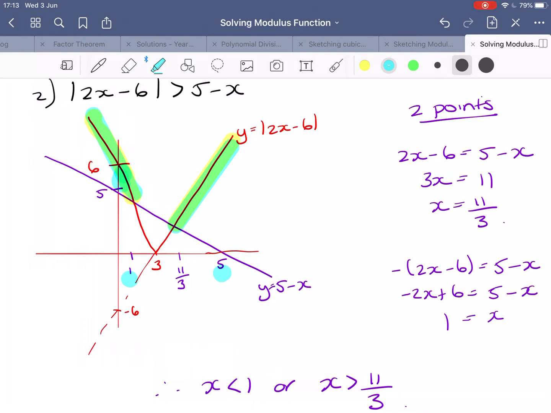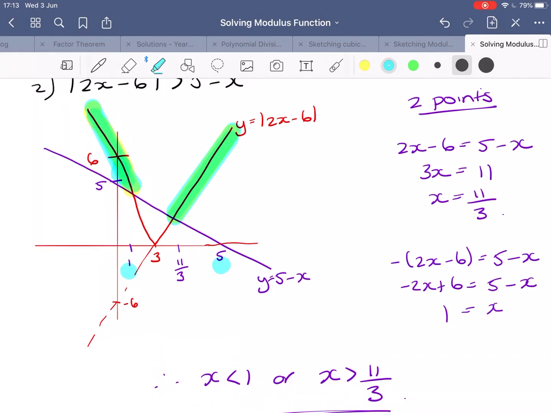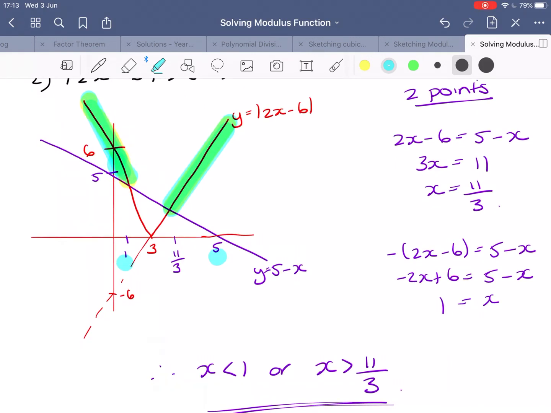And this time we want the modulus graph to be bigger than the line. So we want the red graph to be above the line. And when you've got the two separate regions, just like we do with inequalities for quadratics, we have to write them as two separate inequalities, because we say x is less than 1 or x is greater than 11/3.